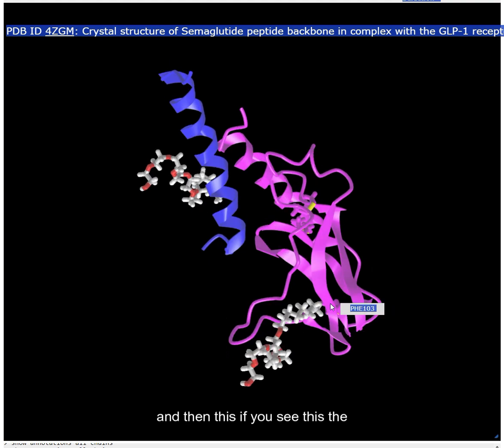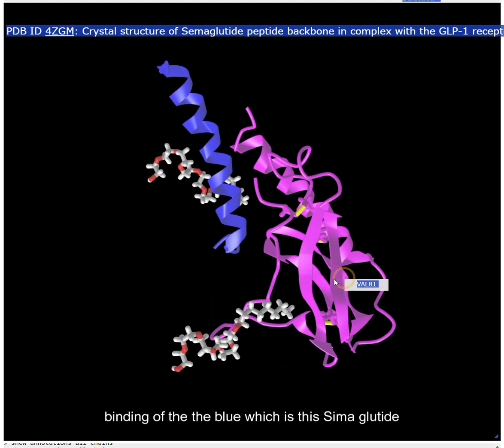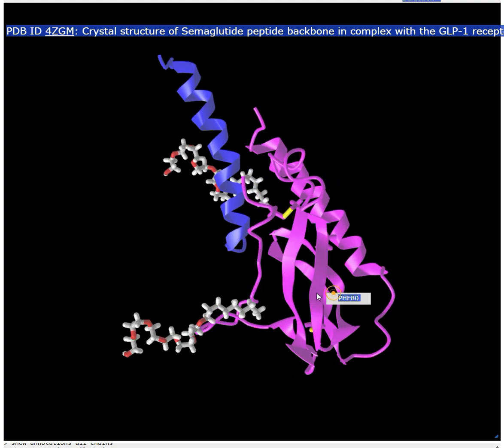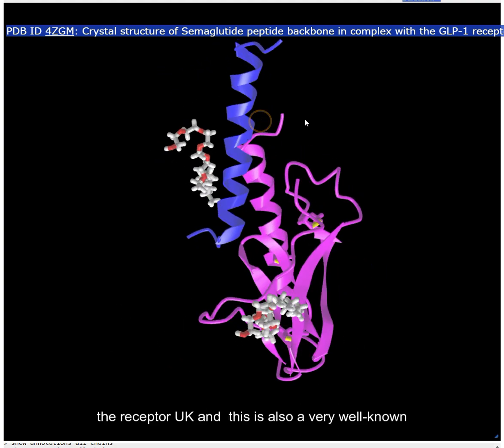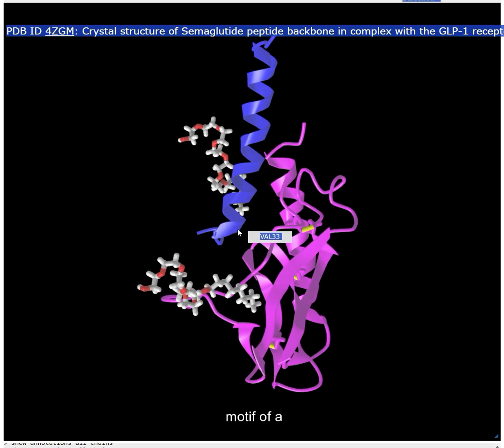And the binding of the blue, which is this semaglutide, to the receptor, you can see is also a very well-known motif of an alpha helix binding to an alpha helix.